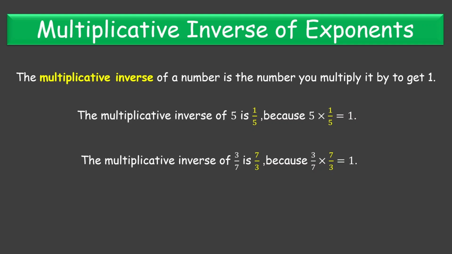Now, before we move on to multiplicative inverse of exponents, let us first look at a pattern. 10 raised to the power 3 is equal to 10 into 10 into 10, which is actually 1000, right? Now, 10 raised to power 2. Notice over here, the exponent has decreased by 1. 10 raised to power 2 is 10 into 10, which is 100.